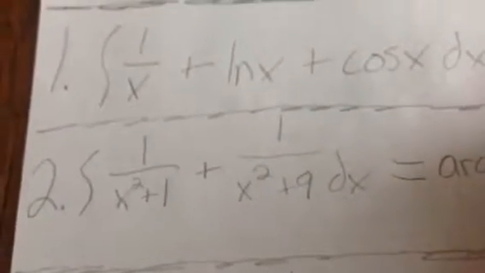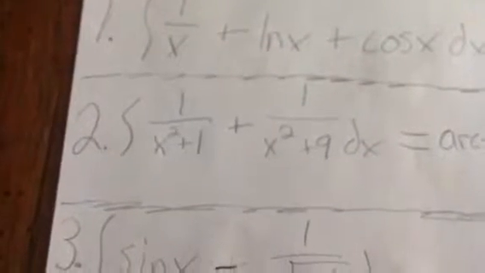Then the integral of 1 over x squared plus 9 is equal to 1 over a, and in this case a would be 3, because 3 squared equals 9, times arctan of x over a, and a equals 3. Then you got to add your constant of variation, plus c. So that is how you'd solve this problem. That would be the answer to the integral of 1 over x squared plus 1 plus 1 over x squared plus 9 dx.